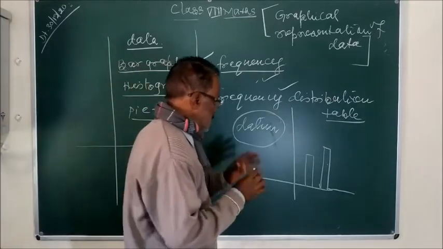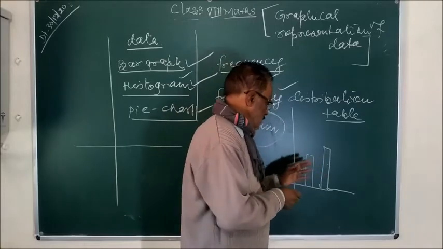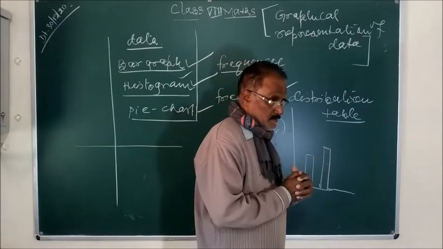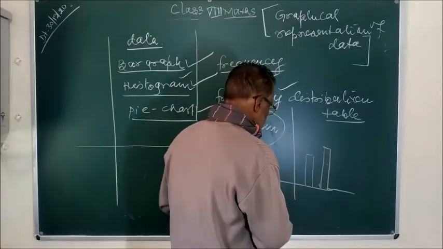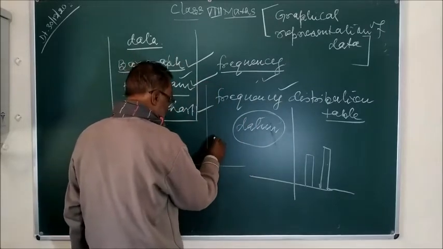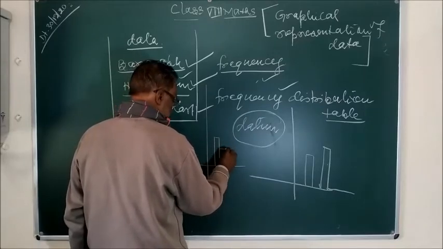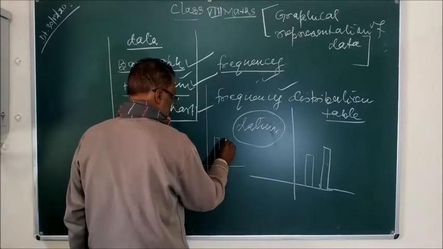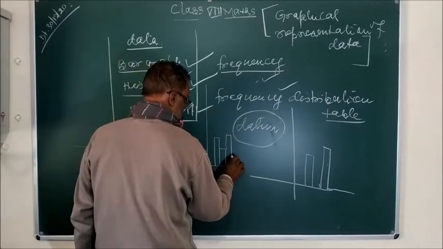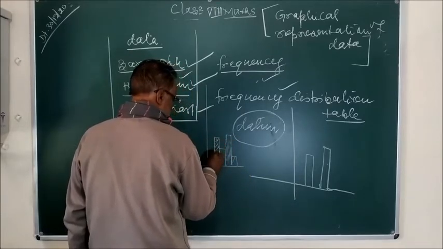Histogram is also just like a graph, but this bar graph may be vertical, may be horizontal, so nothing to worry about that. And if you draw the bar graph with no space left, continuously, that is called histogram.